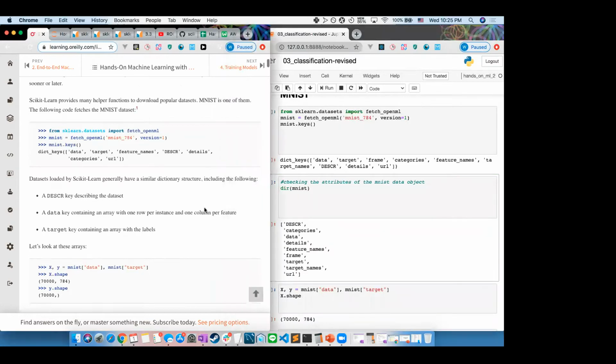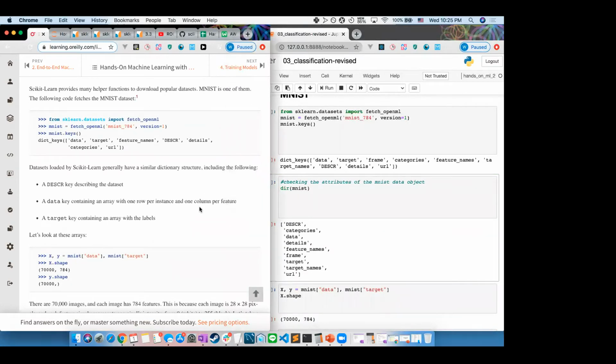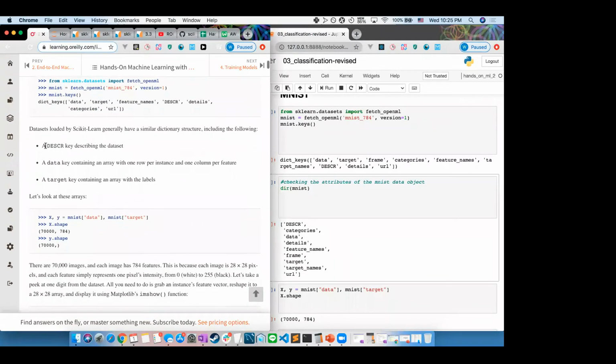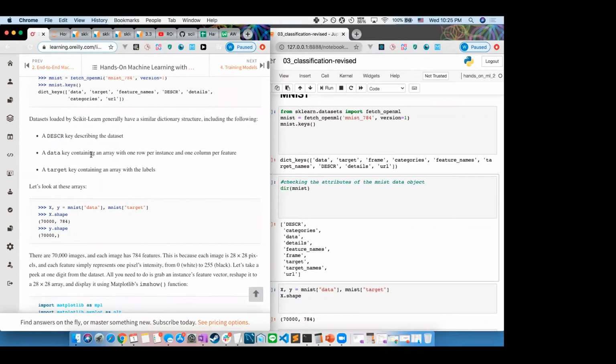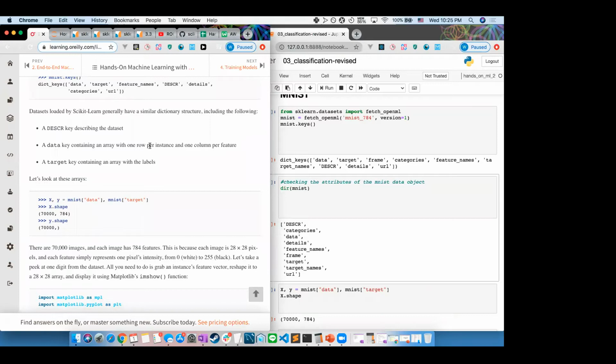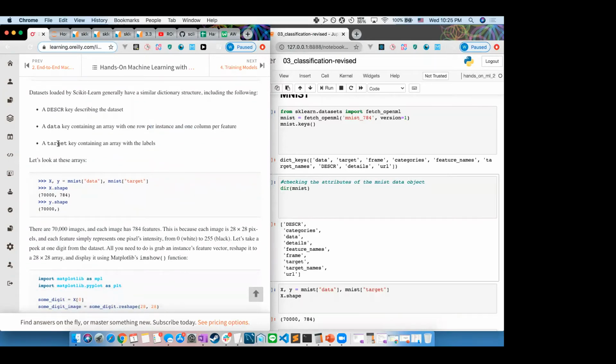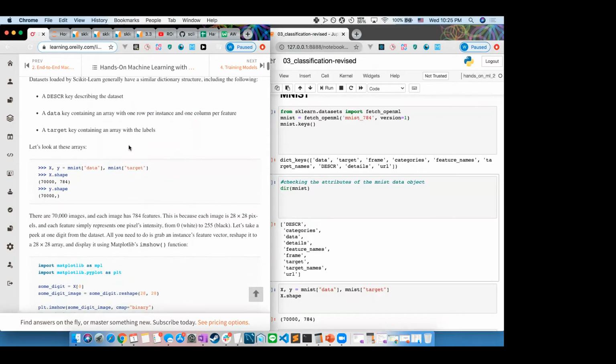Cool. So data sets loaded by scikit-learn generally have a similar dictionary structure. A DESCR key describing the data set, a data key containing an array with one row per instance and one column per feature, and a target key containing an array with the labels.